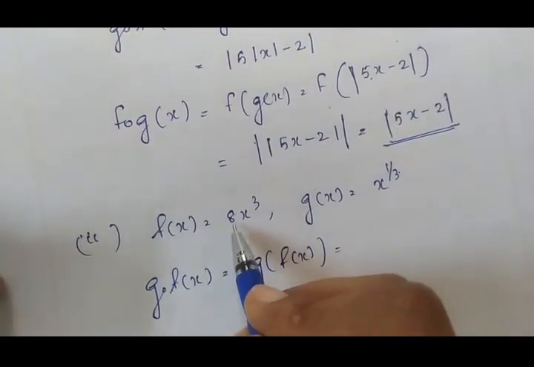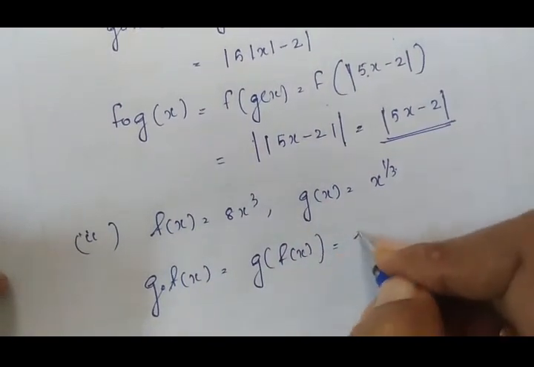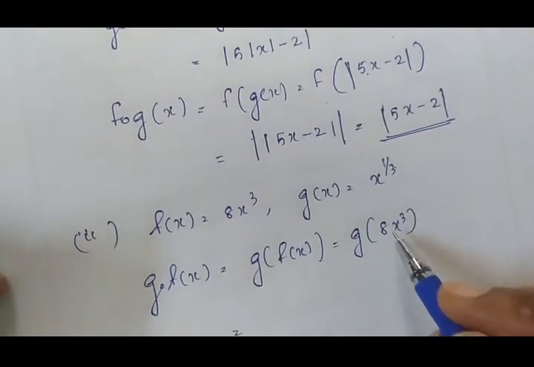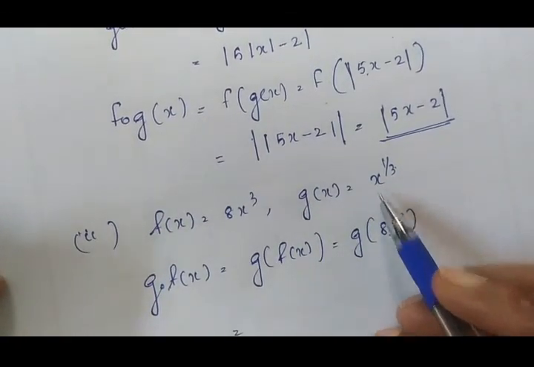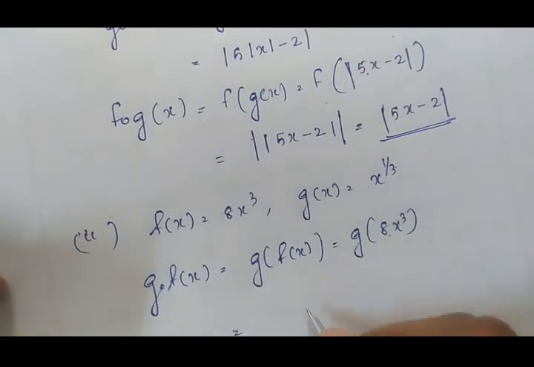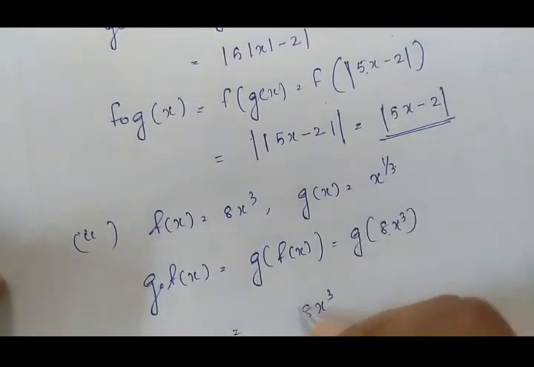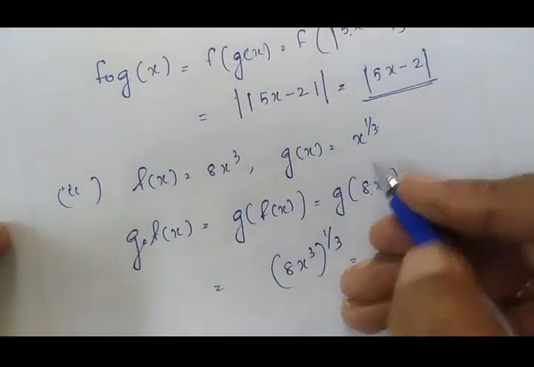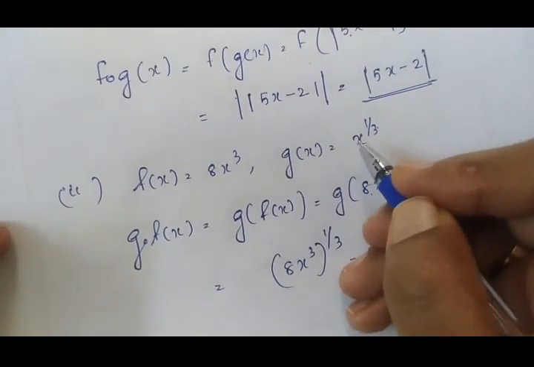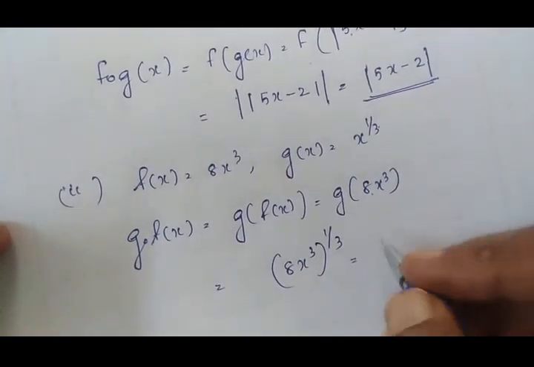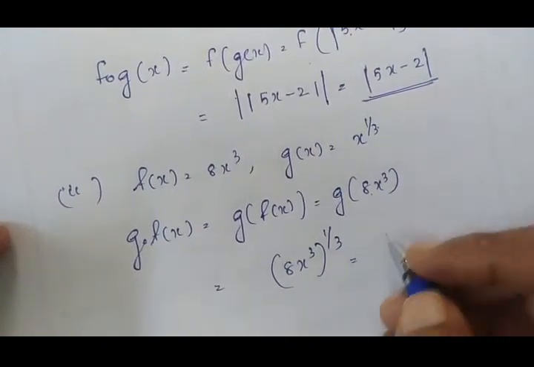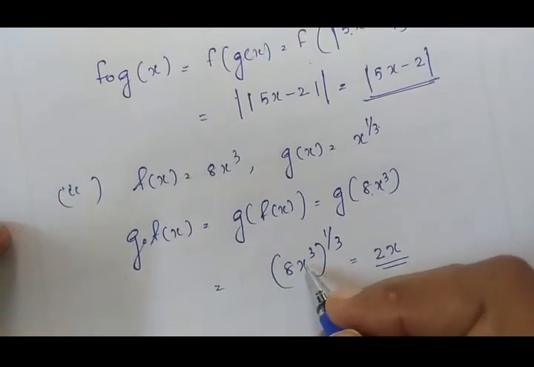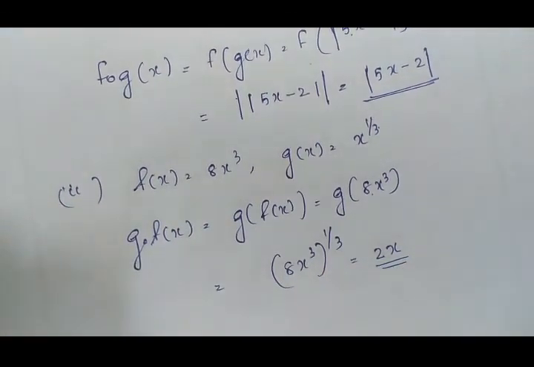Here f of x is 8x raised to 3, so the value of x in g is 8x raised to 3, and we substitute this: 8x raised to 3, the whole raised to 1 by 3. That is the cubic root of this value, which is equal to 2x. The cubic root of 8 is 2 and the cubic root of x raised to 3 is x.